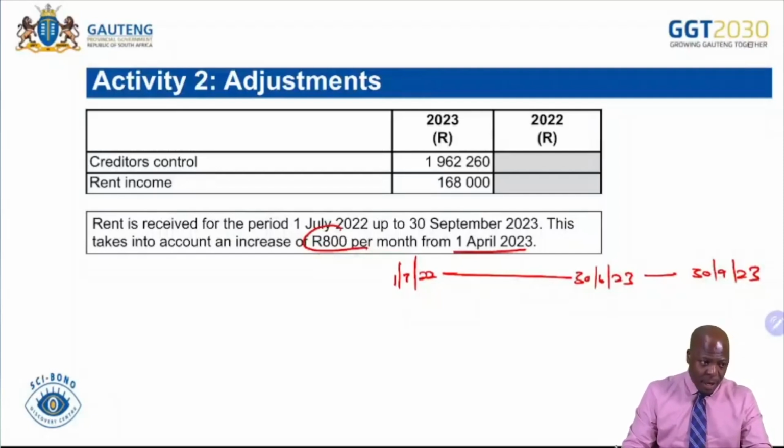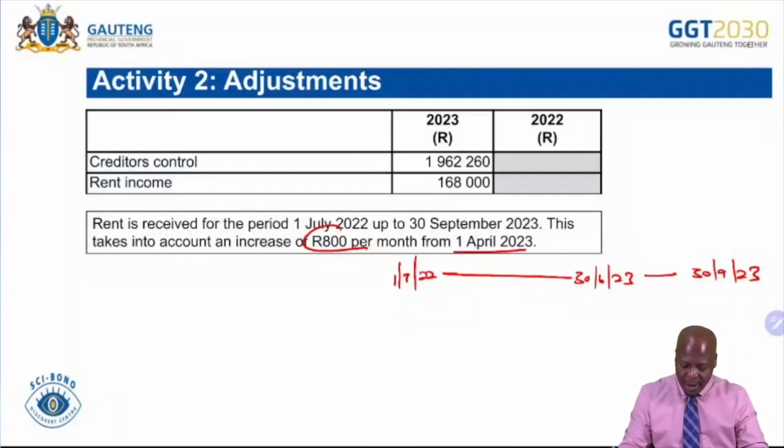Let's see. The months without increase are starting from the 1st of July 2022 and it increased on the 1st of April. So from July until 30 March 2023, these months are without increase. And those months that are without increase will be your 9 months.